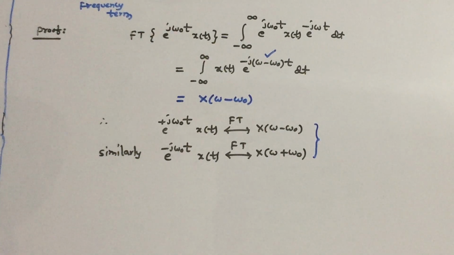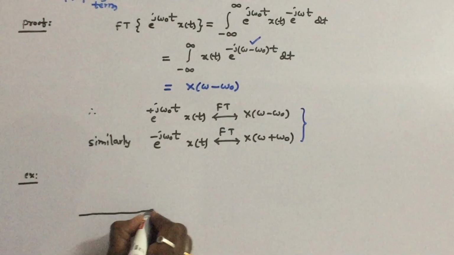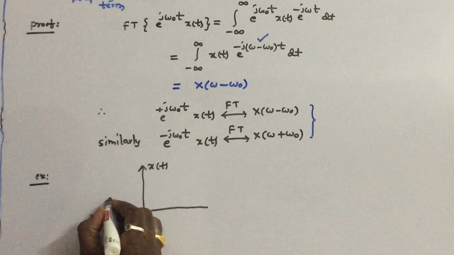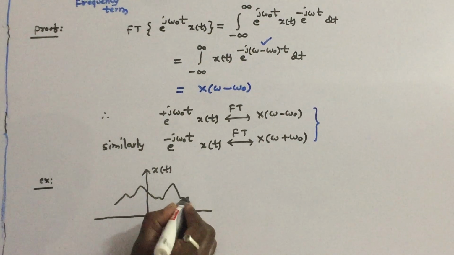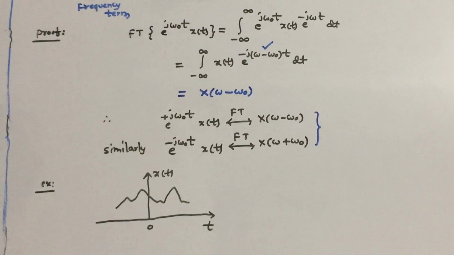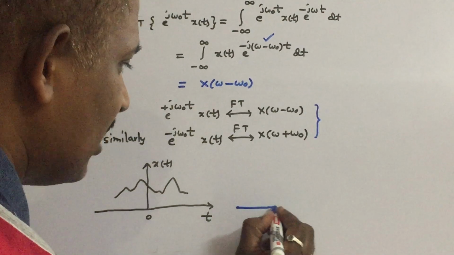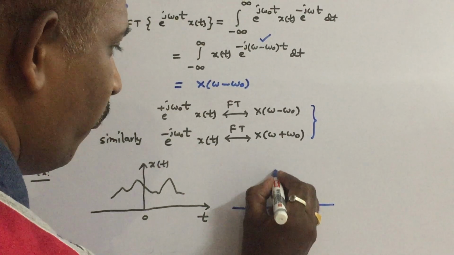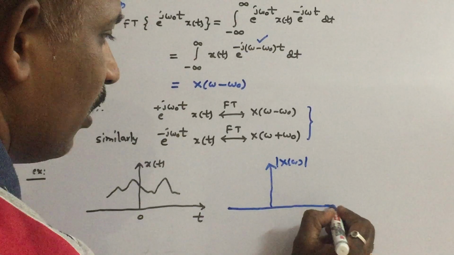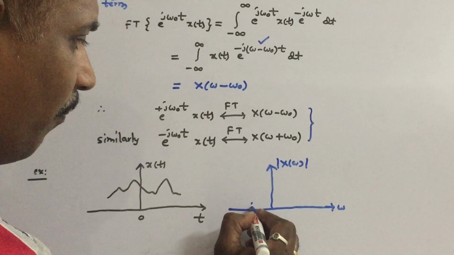For example, I will show an example for this. Say x of t is a signal of any arbitrary shape. If you find the Fourier transform of this signal and plot the Fourier spectrum, the spectrum will almost come like this.